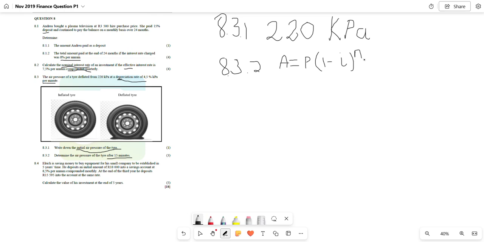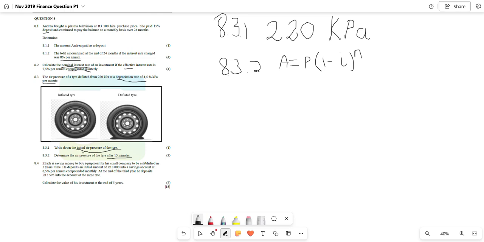How many minutes will it take for this tire to depreciate? P will be the initial air pressure of this tire, A will be the air pressure after this tire deflated, i is the rate at which this tire loses air, and n is the time it will take for this tire to lose the air.